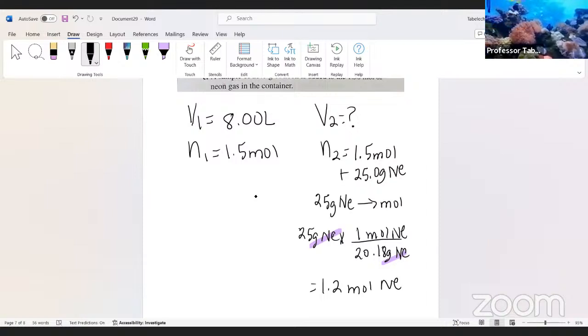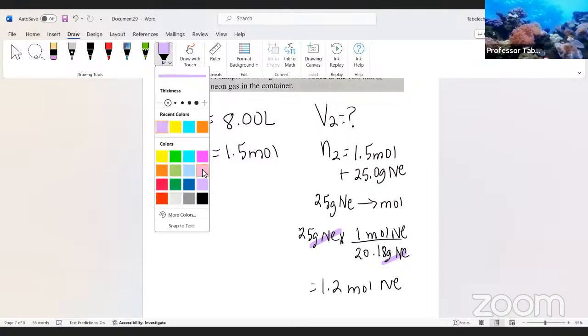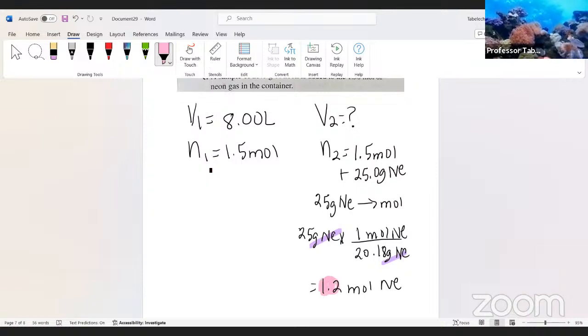So what you're going to have to do, remember, you can't forget, you're going to have to add, okay? Let me highlight this for you. You're going to have to add the 1.2 moles of neon plus the 1.5 moles of neon. Because remember, they said they added 25.0 grams of neon to the 1.5 moles that was initially in there.